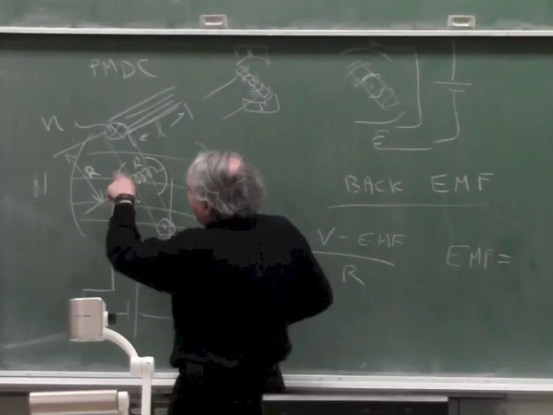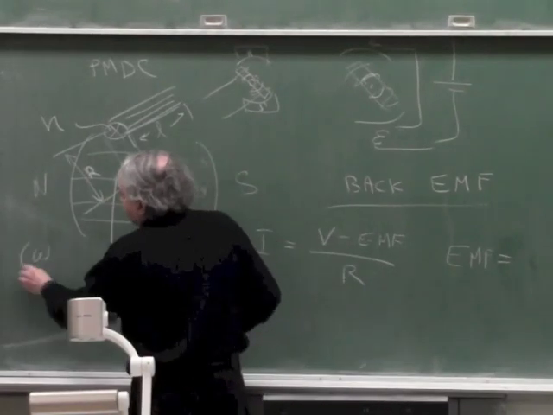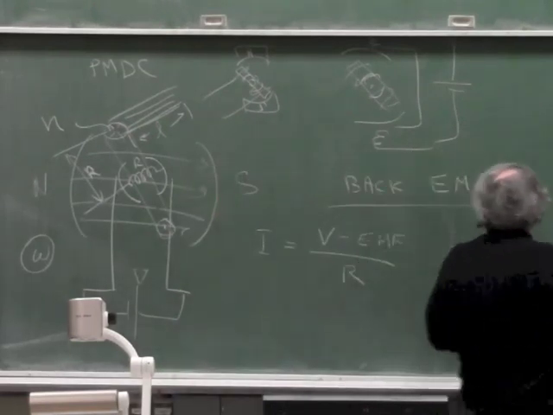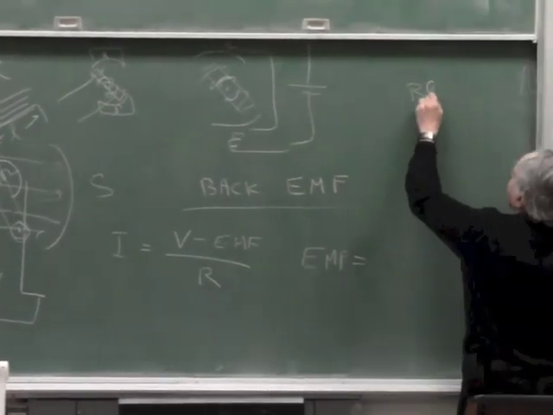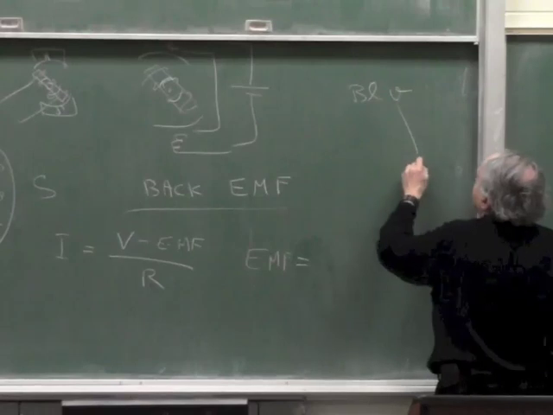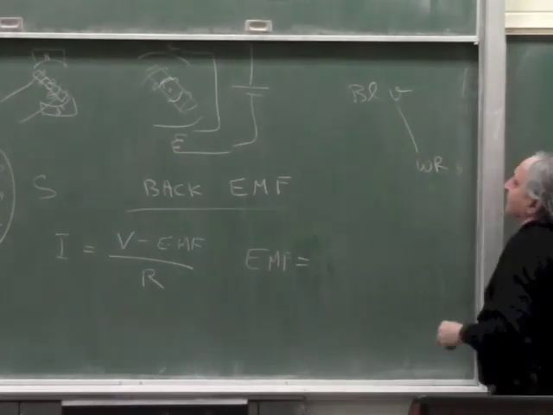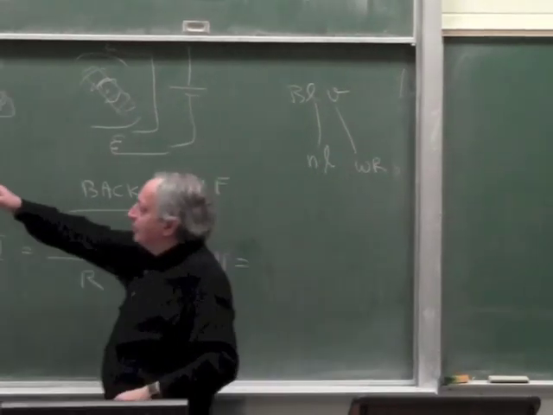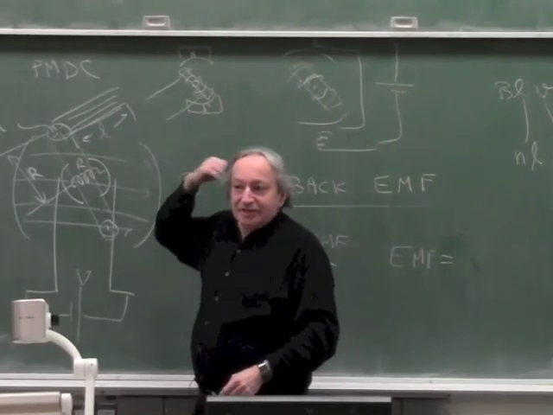So the exact analysis would be: if the rotational frequency is omega, the velocity here is omega R. So in the formula BLV, V is simply omega R, L is N times L, because we have N conductors, each one of length L, okay?